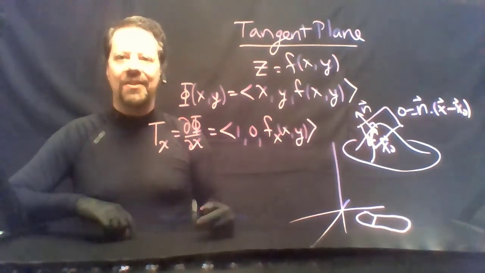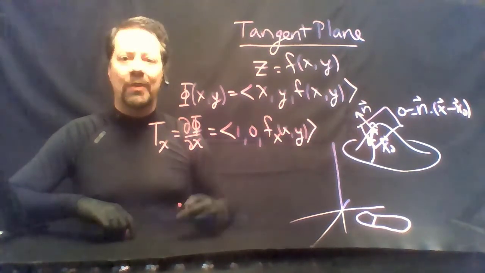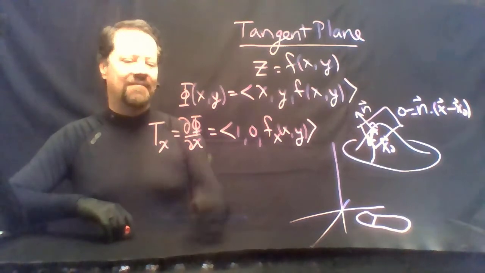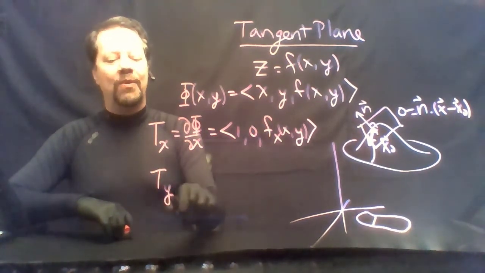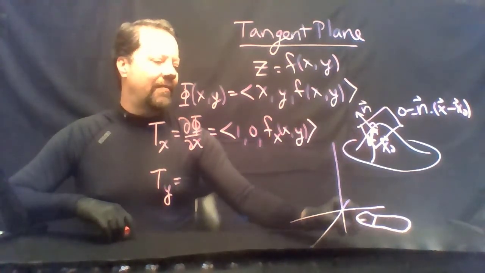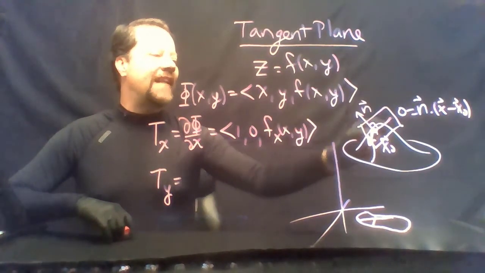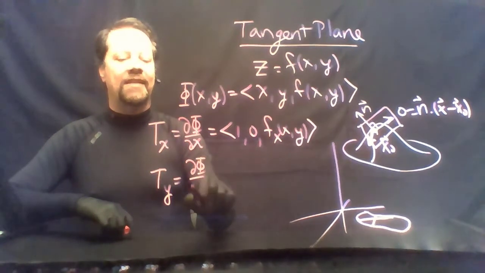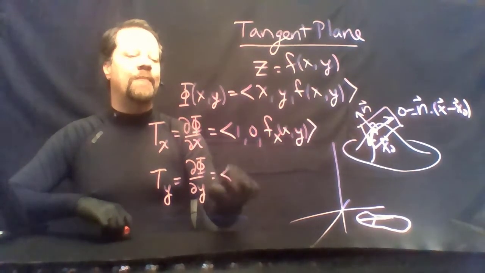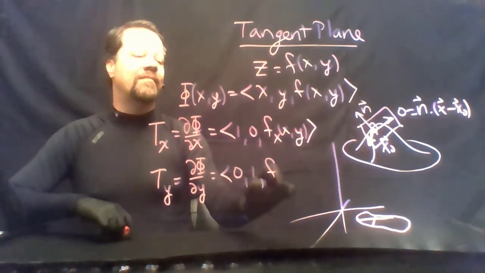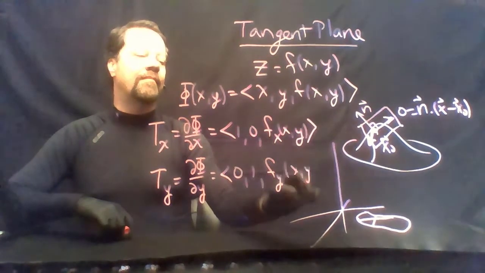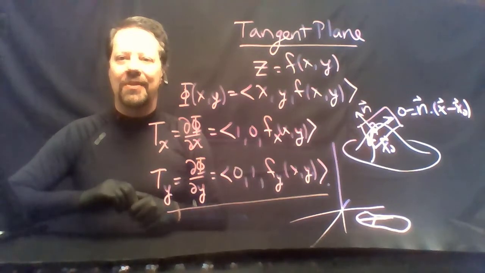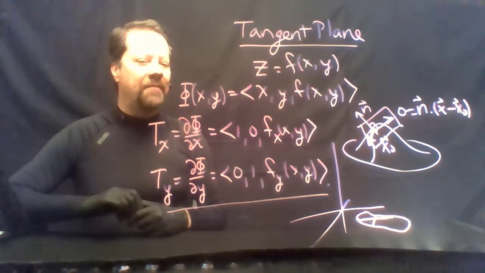Since it's tangent to the surface at this point, it will lie in the tangent plane. Similarly, if we hold x fixed, then we'll get a tangent vector in another direction when we take the derivative with respect to y. We get two tangent vectors to the surface at a particular point.